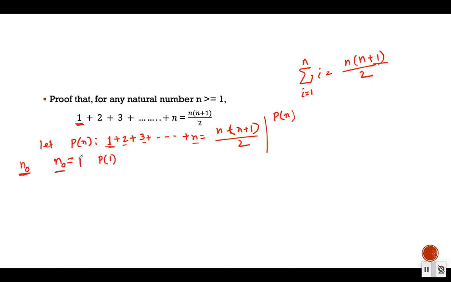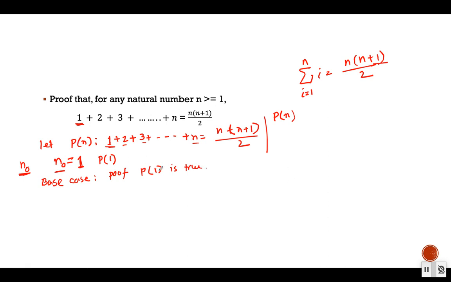That's why we are going to use 1 as the first item, and in our base case, we are going to prove that P1 is true. Let me write down the base case. Base case: we are going to prove P1 is true.